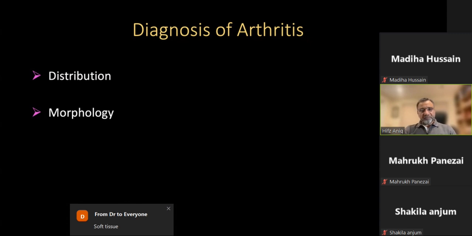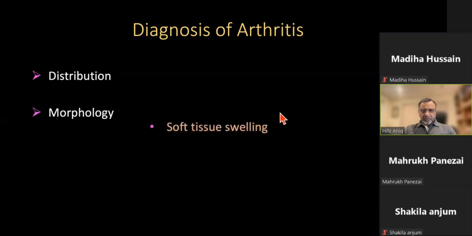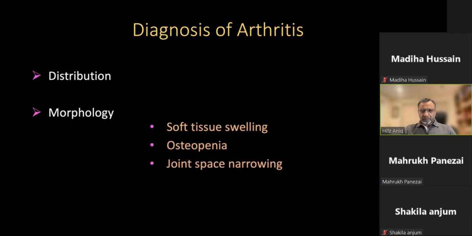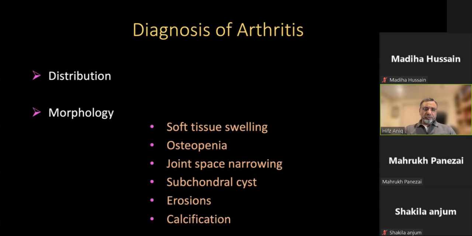Soft tissues means calcification, density or all these. Osteopenia, sorry, I forgot, because that is the hallmark of inflammatory arthropathy, especially rheumatoid. Okay, so these are the criteria we use to look at plain X-rays and characterize that, okay, this falls in that category.